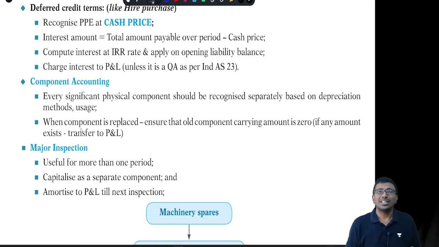Component accounting: every significant component of the asset. Component means one part, right? One machine you bought, but within the machine there are more than one parts. Major parts are there. Each part should be accounted in a separate ledger. That may be based on the depreciation method, the life of the asset, the usage, or the repairs and maintenance with respect to each part.